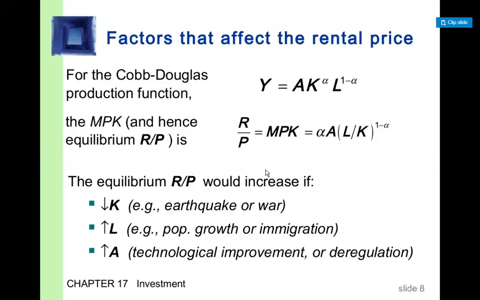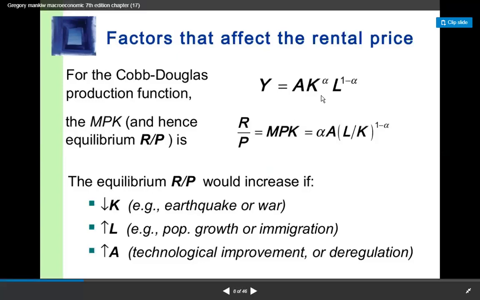Cobb-Douglas production function is the production function which explicitly defines the share, the contribution of capital and labor into the production.